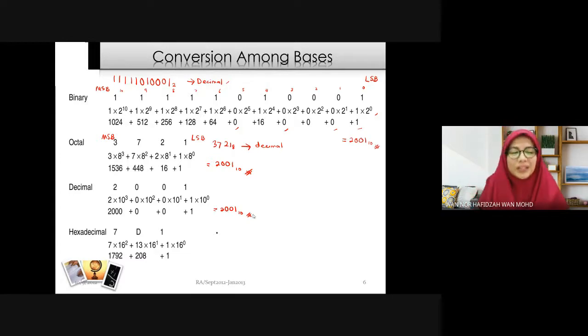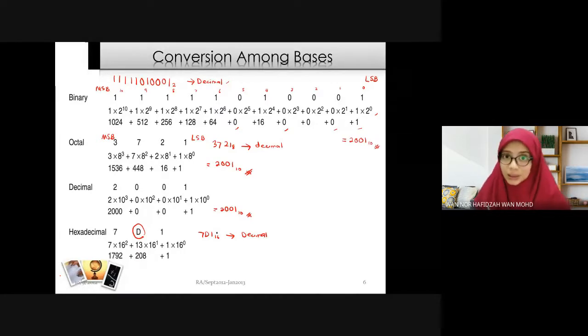Alright. And then hexadecimal 7D1, base 16, into decimal. This is what I said before. When you want to do any calculation, you need to convert into the value.